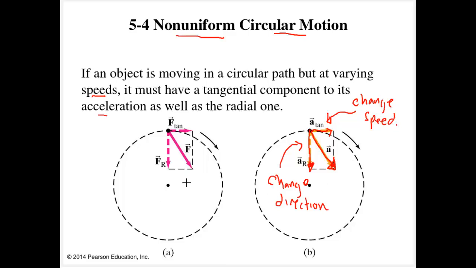And you can think of that, in terms of forces, as not just pulling an object straight towards the center of the circle, but pulling it in the forward direction as well. And what's going to happen is the velocity here is going to be in that direction. The velocity over here is going to be longer. If you kept it up, you could have something like that, and so on and so forth.